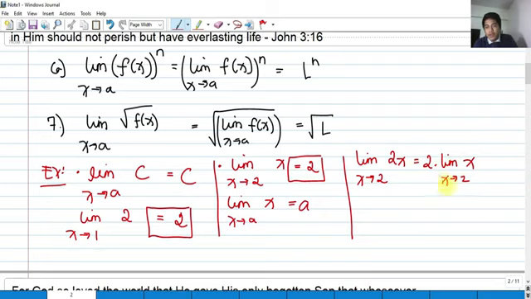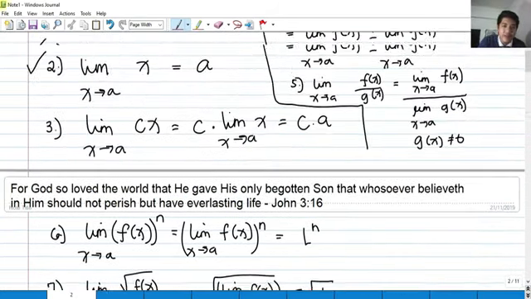This has a similar property to our property number 2, so this should be equal to 2. We simply substitute the value of a in our x. So, 2 multiplied by 2 is equal to 4. That is what the property means.